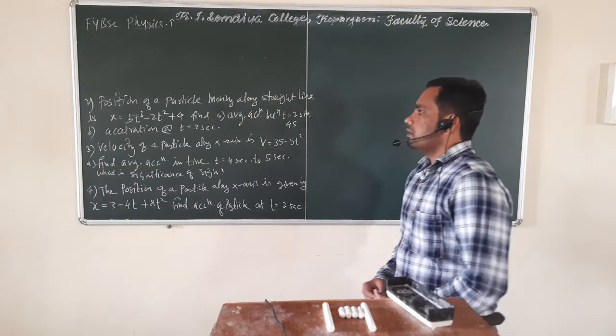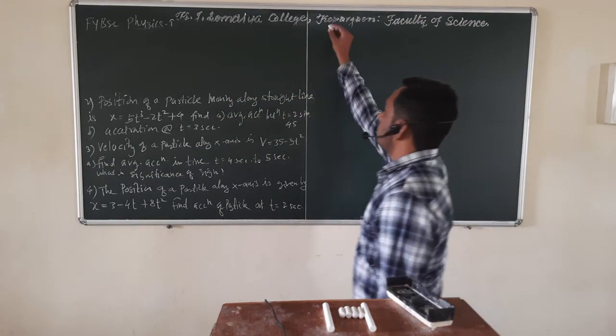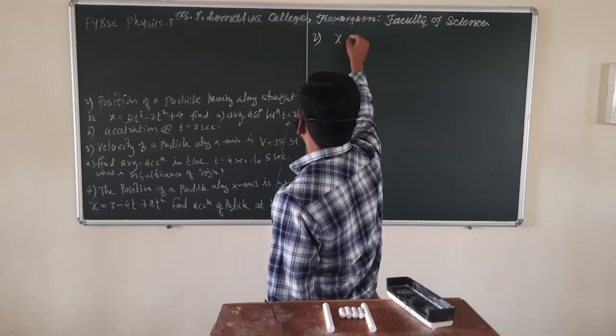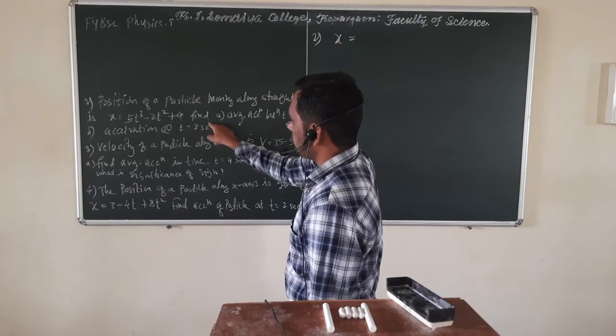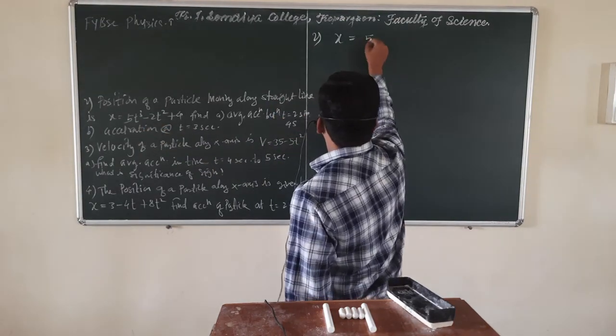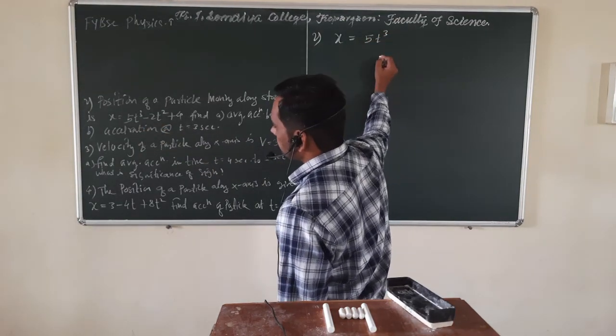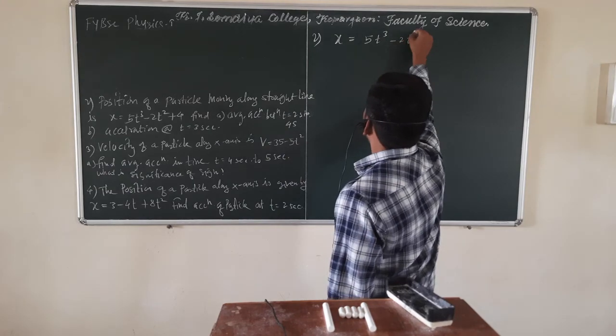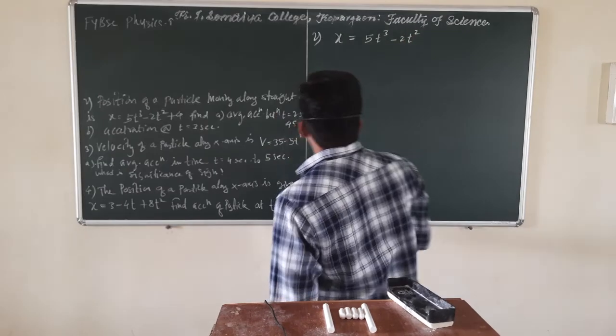Now again in the second problem, what is given: x, the position of that point, is equal to 5t cube minus 2t square plus 4.